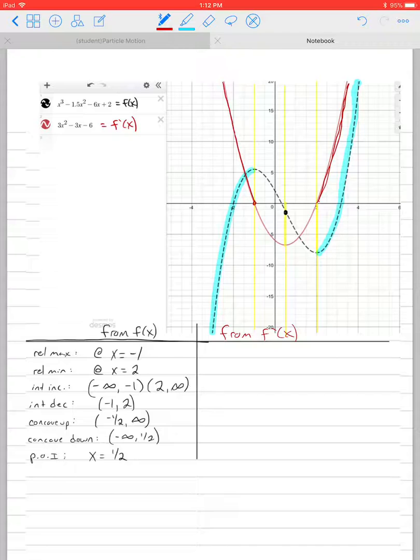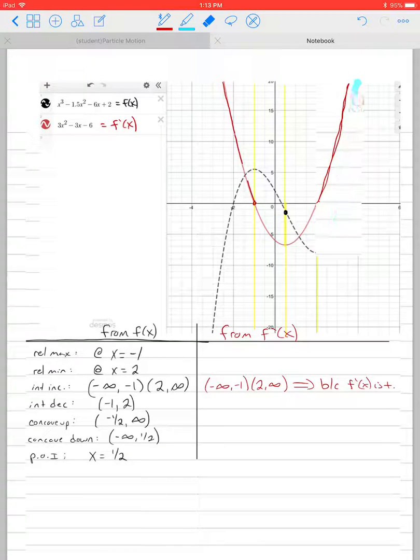So how would I answer intervals of increase? It'd be the same locations, so these aren't going to change. But my reasoning is that f prime of x is positive. f prime of x being positive means f of x is increasing, which is the thing I'm looking for.